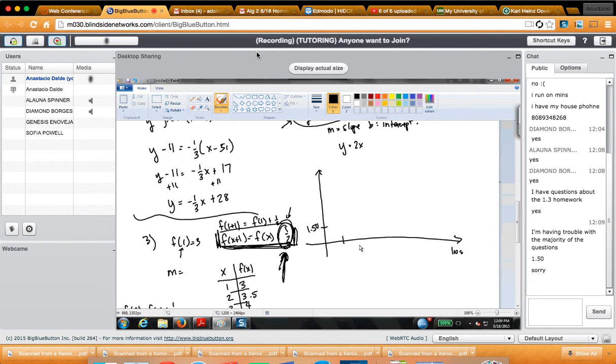Cool. If I bought 2 pounds, how much would it cost me? $3. Perfect. If I bought 3 pounds, $4.50. Yeah. All right.